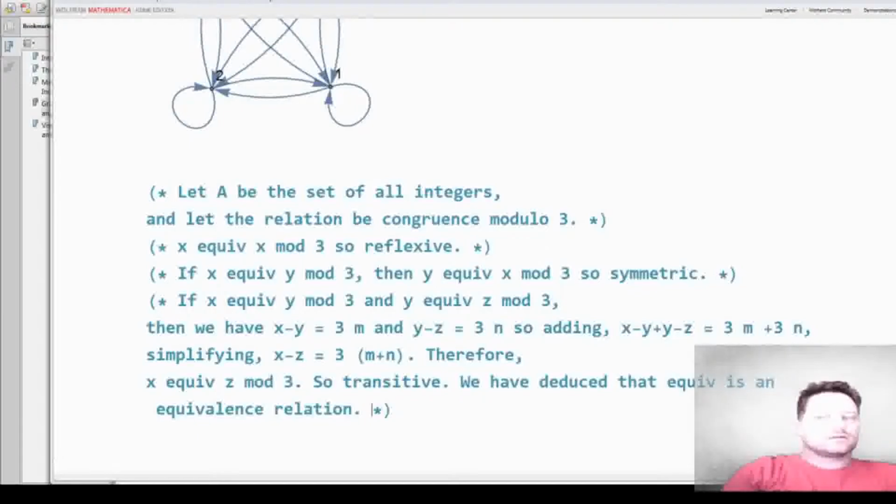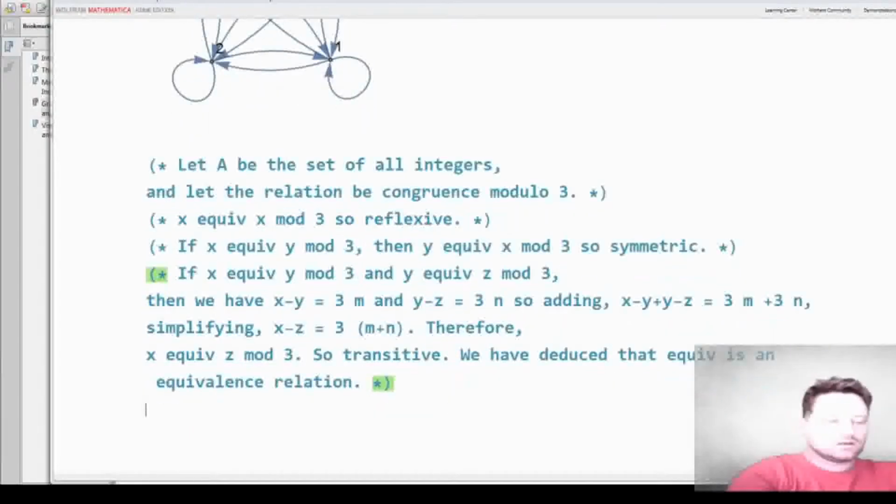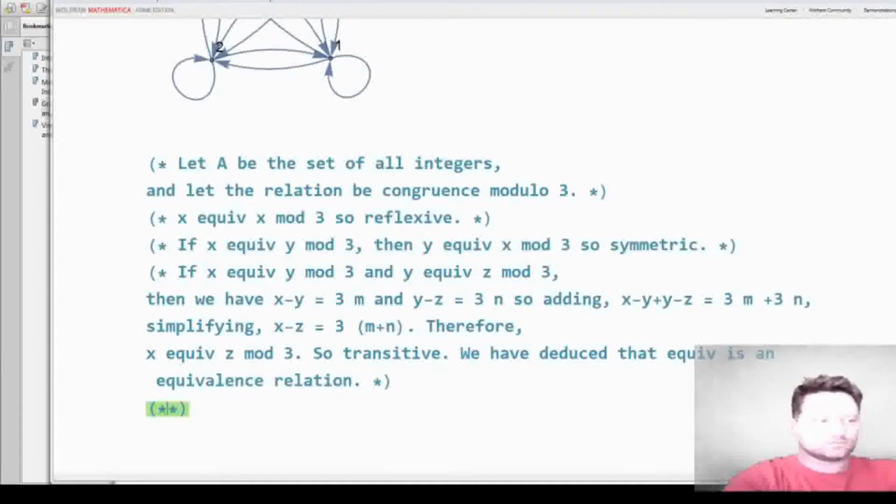Now that we have that, we can say this must partition the set of integers into equivalence classes. So let's write equivalence classes, just to say that with some brevity.